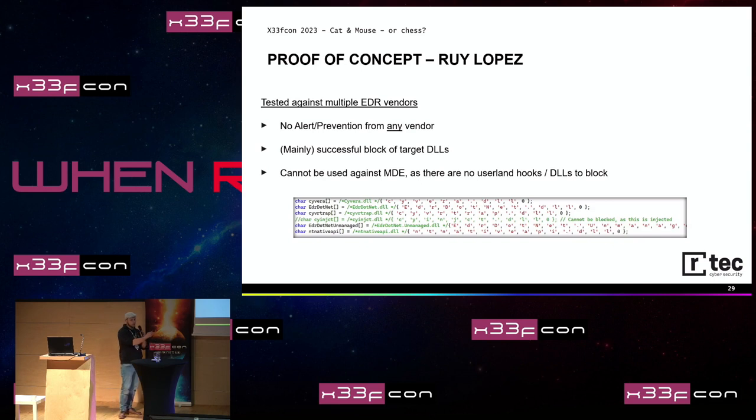But it was blocked and not loaded at all, and the EDR vendor still somehow tried to interact with this process, which led to a crash. So you may have to adjust this proof of concept for those DLLs to do something different, or instead block the entry point like SharpBlock does, for example.